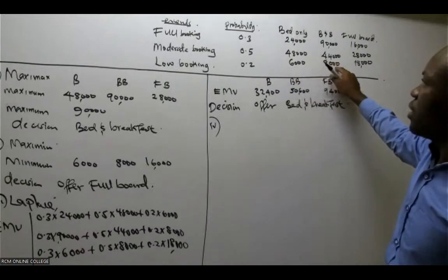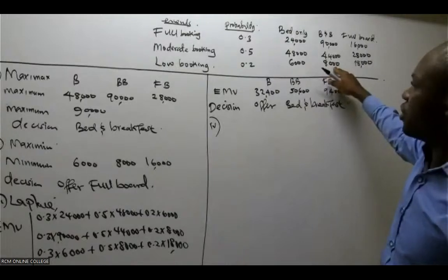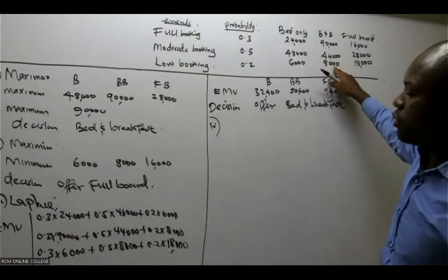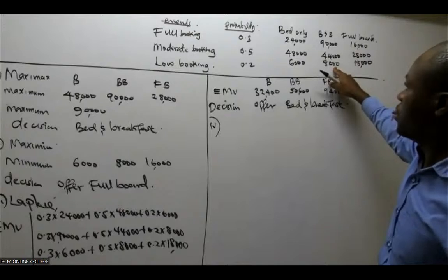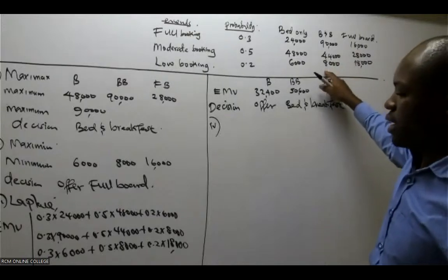That is okay. Then we have 0.3 by 90, 0.5 by 44, 0.2 by 8.